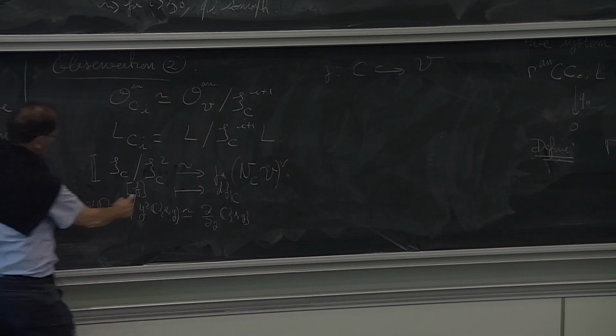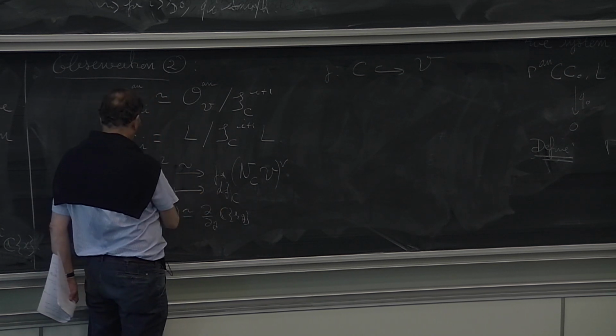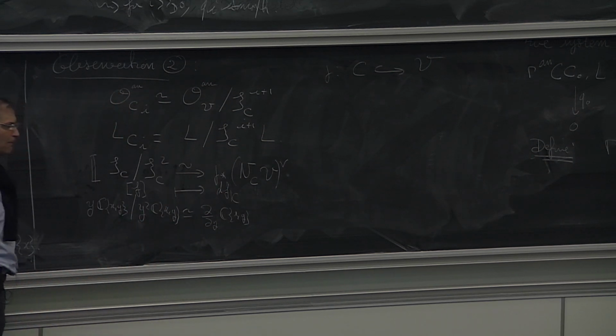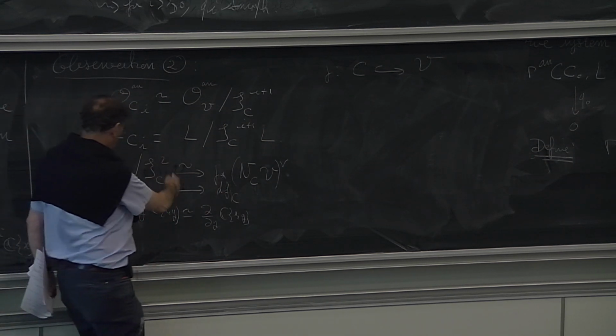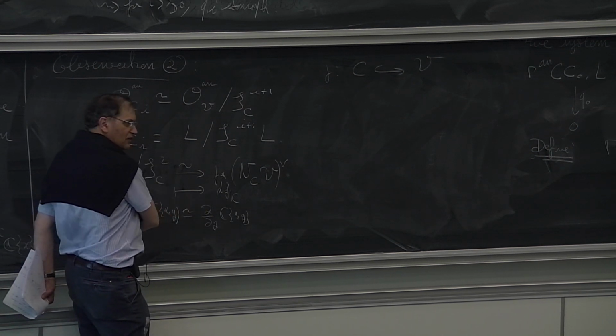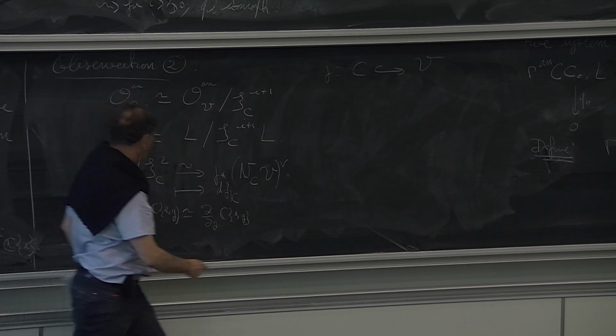So this map is well defined because if f is in I_C square, its differential is 0. And once you know it is well defined, you compute it at the level of germs by this formula to see it is an isomorphism. So you get this canonical isomorphism.